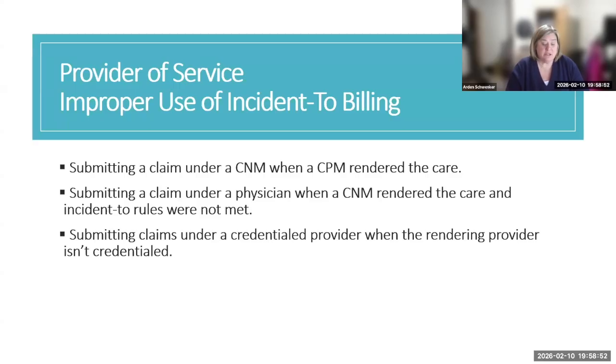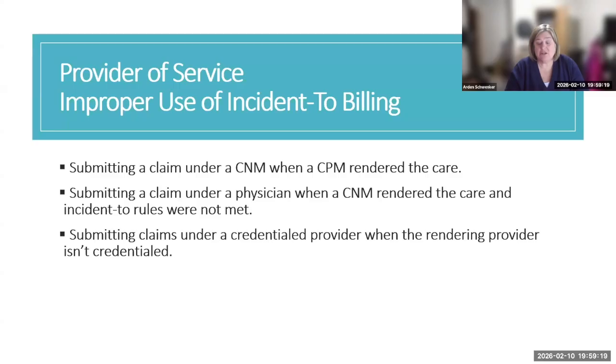Most practices who bill incident to this way, a CNM incident to a physician, do so because the CNM is paid at a lower rate than the physician. So by billing incident to the physician, they're receiving 100% of the fee schedule instead of 80, 85, 90%, or 75% in some states.